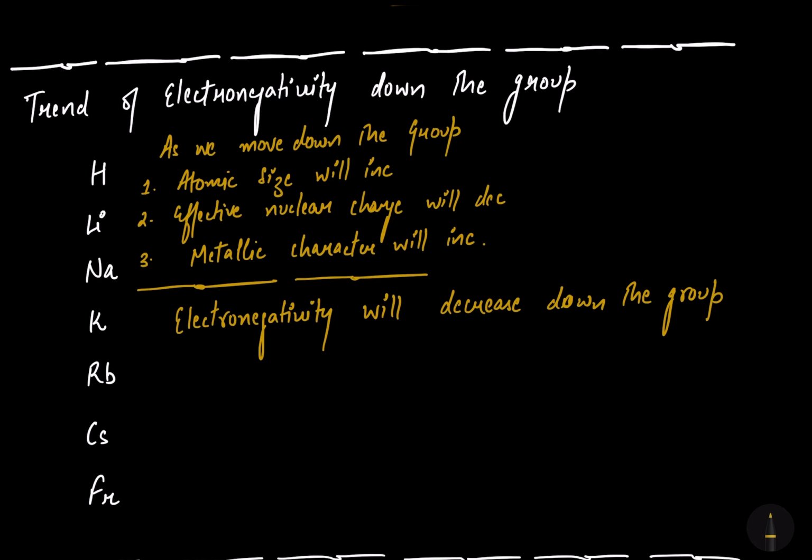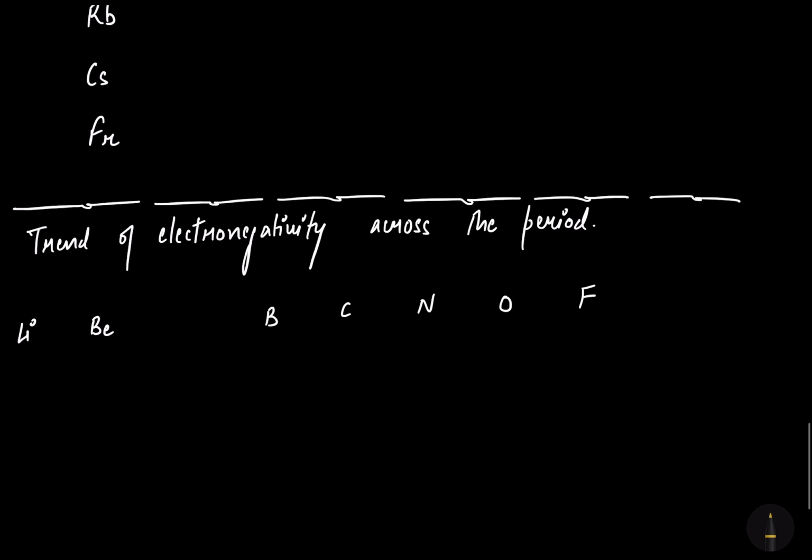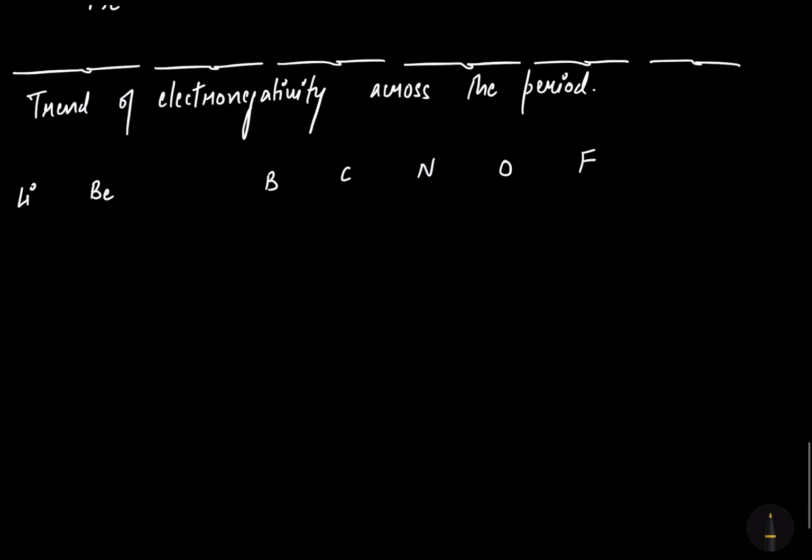So now let's come to the trend of electronegativity across a period. Across a period, firstly I have taken lithium, beryllium, boron, carbon, nitrogen, oxygen, fluorine, but I haven't taken the noble gas, that's neon, because the noble gases, group number 18, have zero tendency to gain electrons.